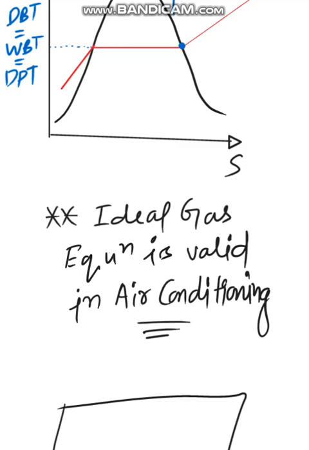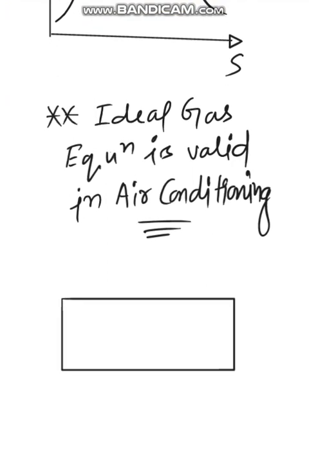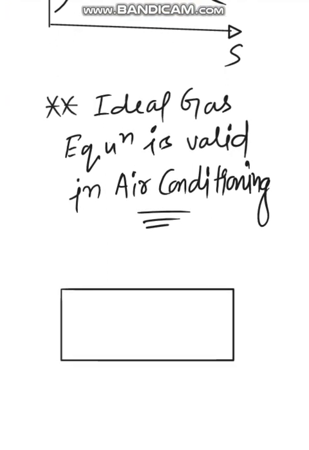What is the condition for the validity of the ideal gas equation? The temperature should be very high and the pressure should be very low. Both conditions are achieved in air conditioning. Pressure is very low: the partial pressure of vapor or of dry air.